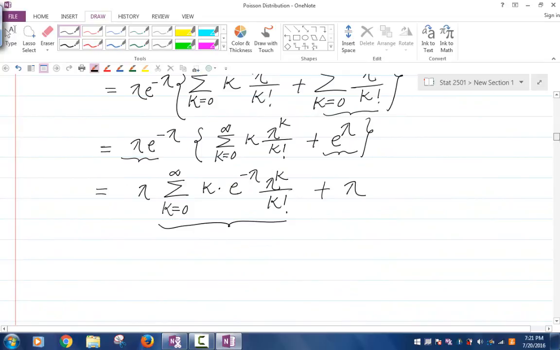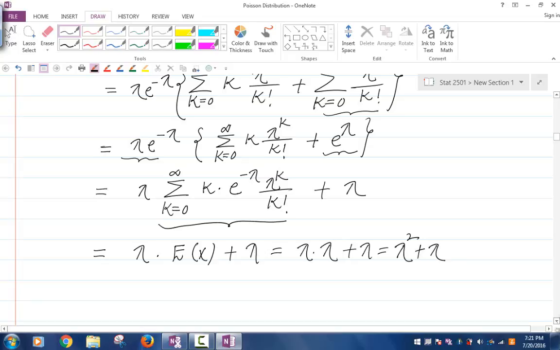So what we get here is lambda times the expectation of x plus lambda, which is lambda times lambda, we've seen that, plus lambda, which is lambda squared plus lambda.